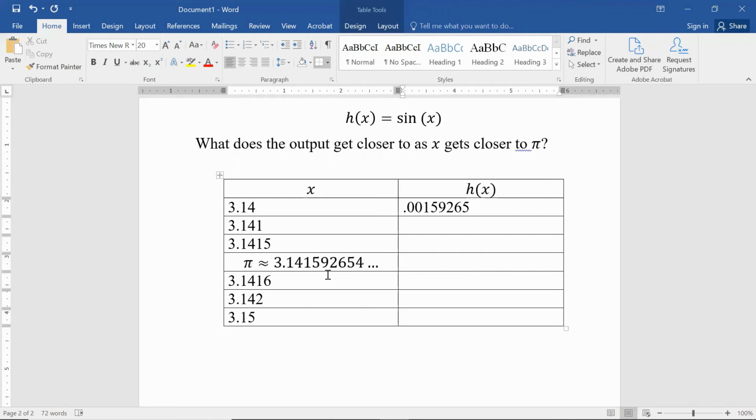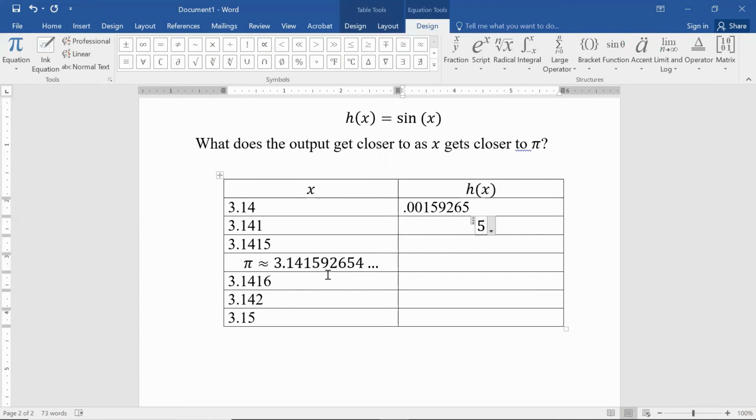If I do 3.141 as my x value, on my calculator I get scientific notation, is what I'm trying to get at.